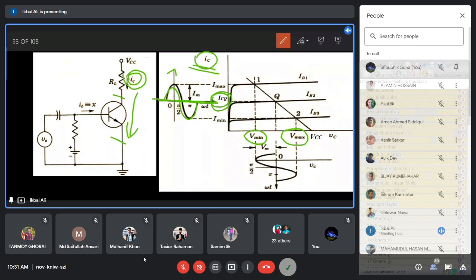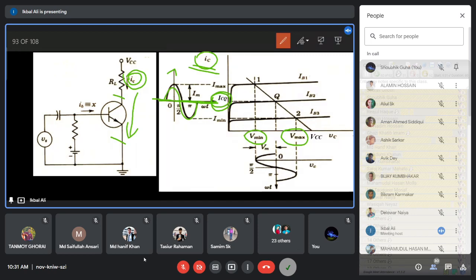So these are the notations used in all device analysis. Is that okay? Small i, small c, where the parameter and the suffix are both small, is the AC. Capital I with capital suffix, capital I, capital CQ, is truly DC.